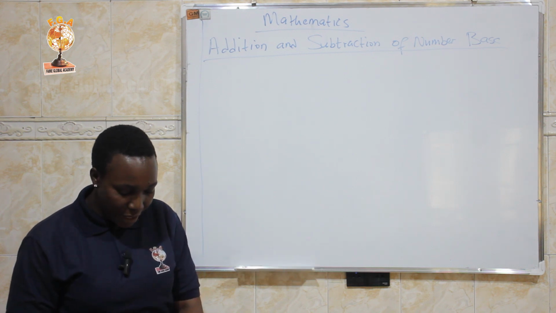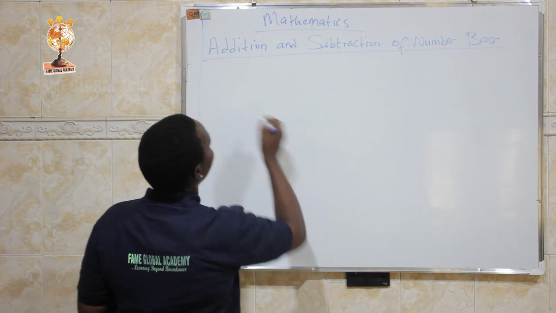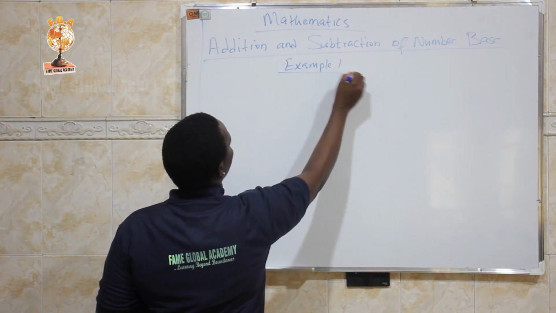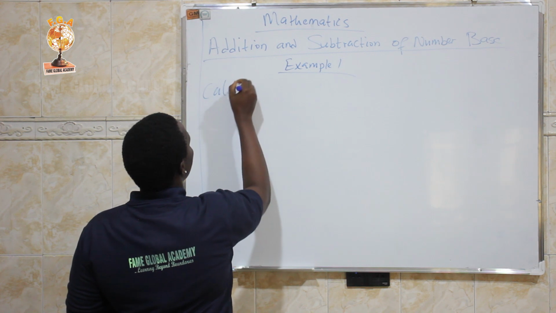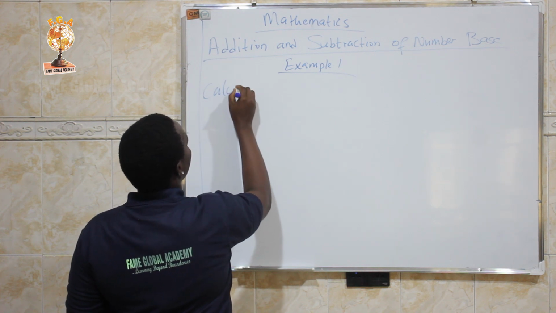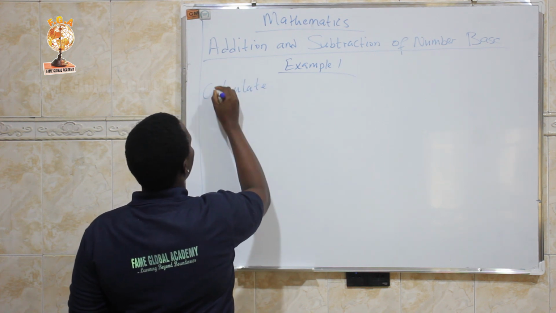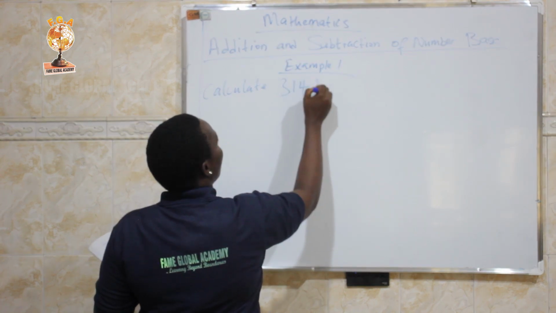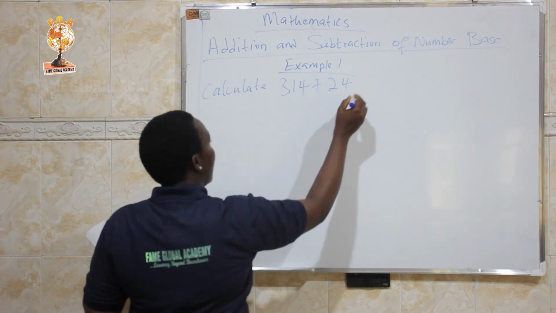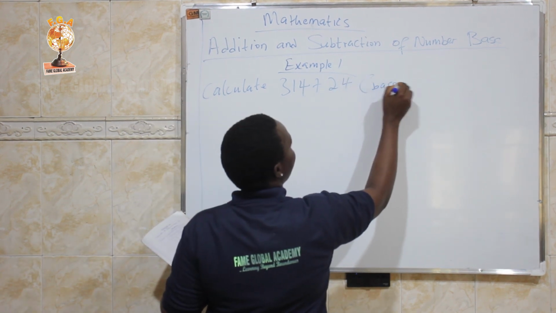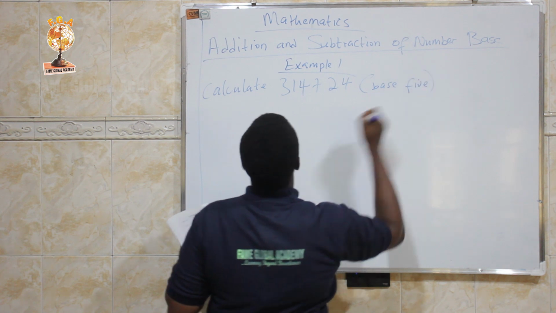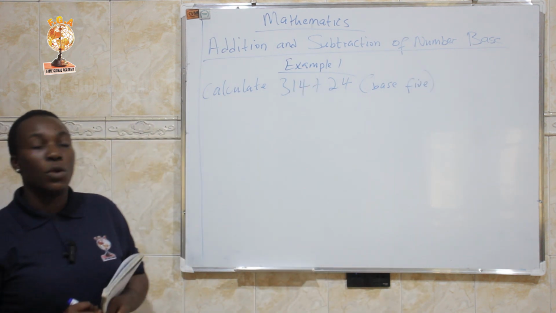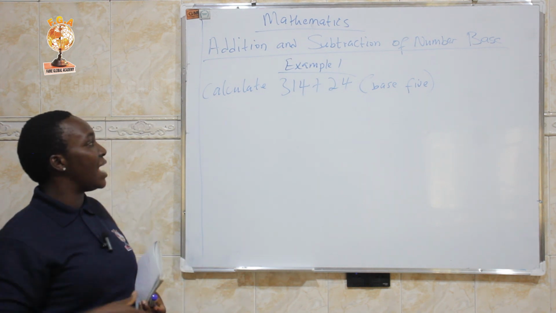So, example 1. Calculate 314 plus 24 in base 5.